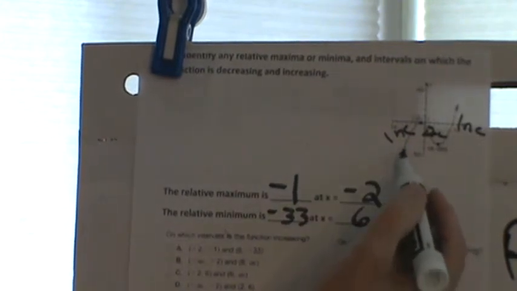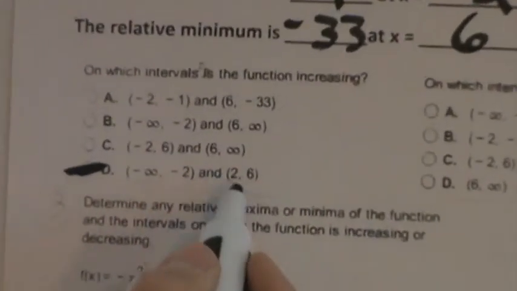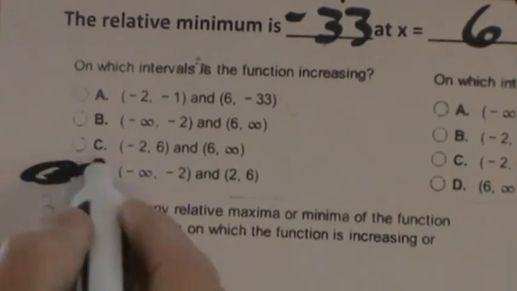So you're going to have two intervals of increasing from -infinity up to -2. See, I'm just looking from the left, -infinity up to -2, and then from that 6 to infinity. -infinity to -2, and 2, oh wait, that's not it.